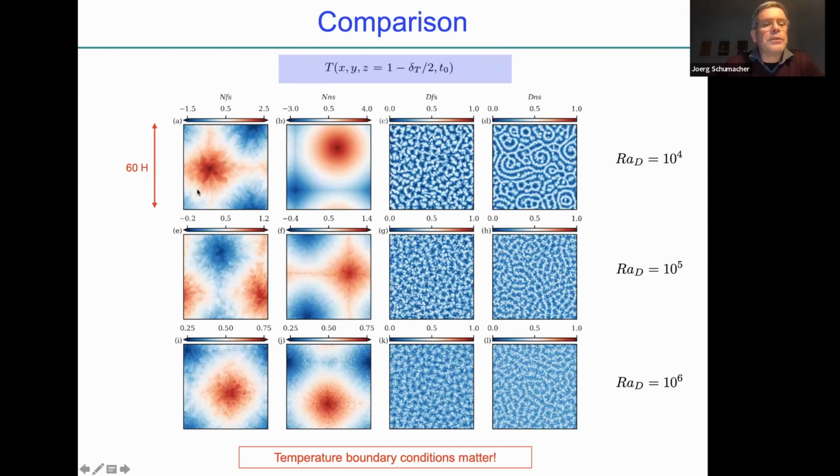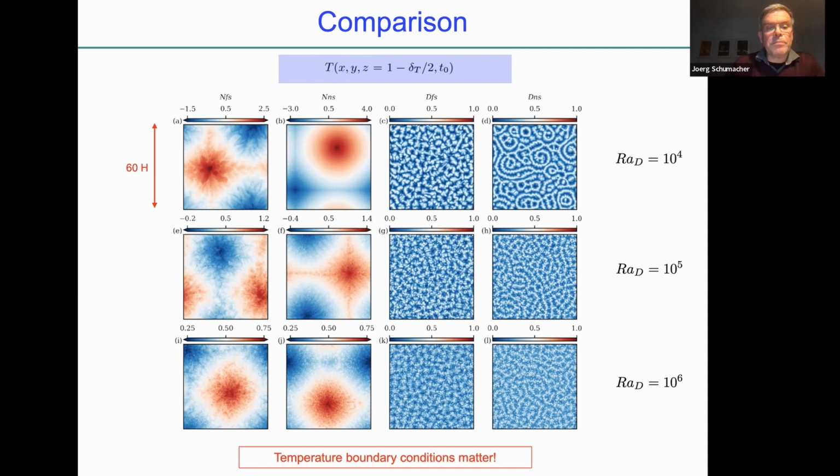We basically get one big hot blob, and we get one big cold blob, which is split up here due to the periodic boundary conditions in the horizontal directions. But there's one big structure that survives, and this structure is overlaid with a granule pattern, as you can also see.